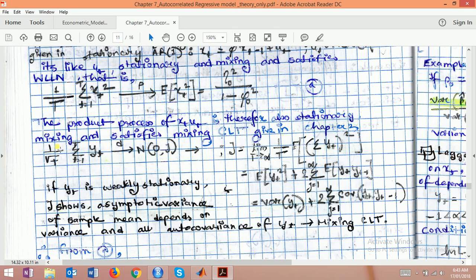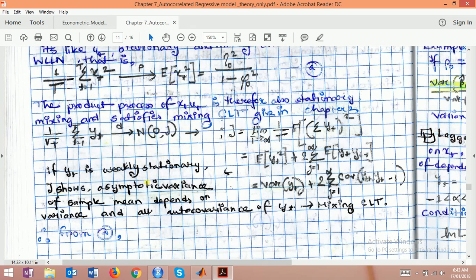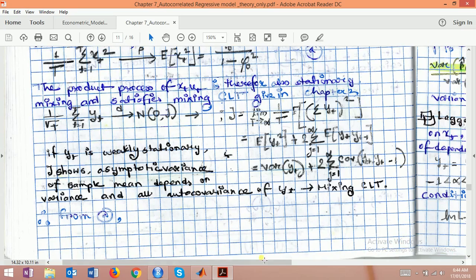This is how we measure the asymptotic yt, and this is how we measure the asymptotic xt. Yt is weakly stationary, which means some of its moments are stationary. J shows the asymptotic variance of the sample mean depends on the variance and all the autocovariances, which is the theory of mixing conditional log likelihood function.